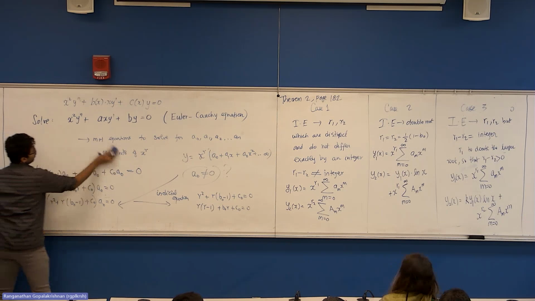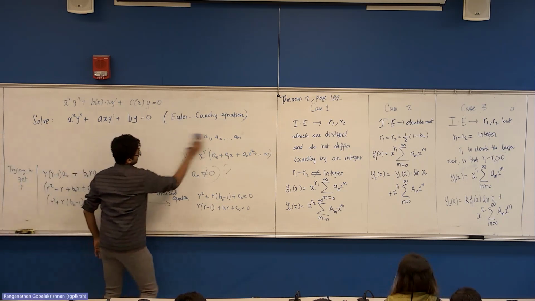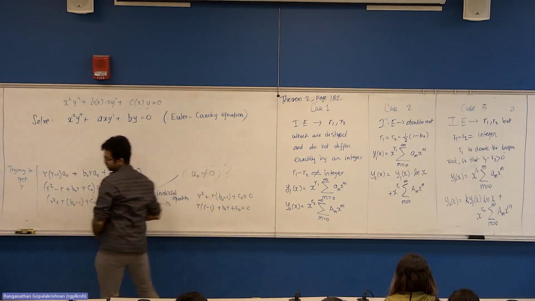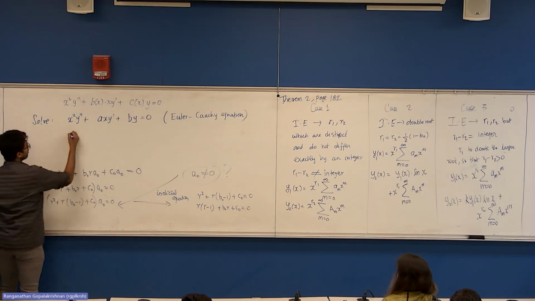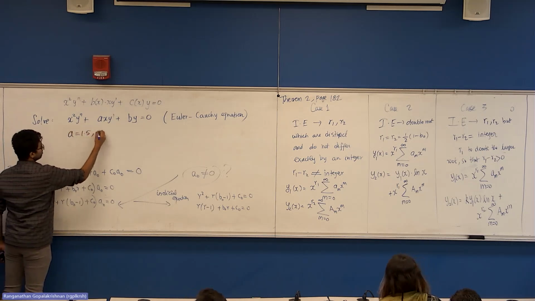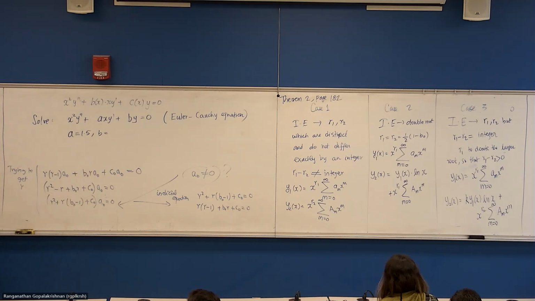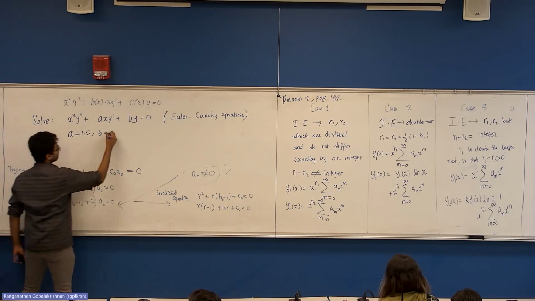All right. So what I want you to do is to solve this equation for A equals 1.5 and B equals minus 0.5.